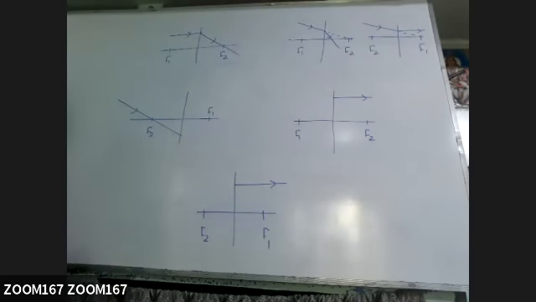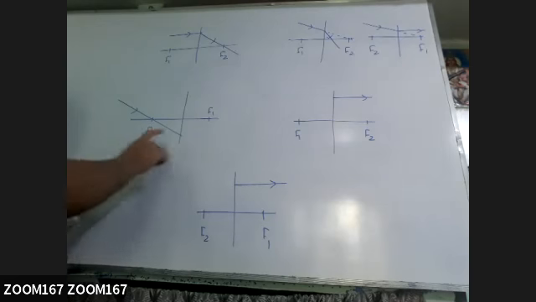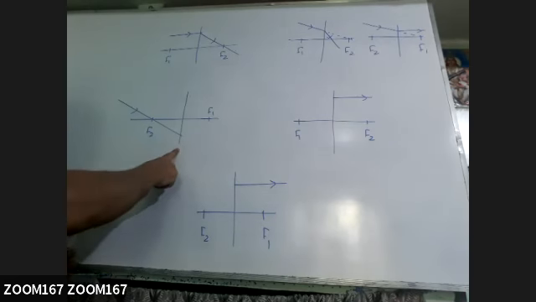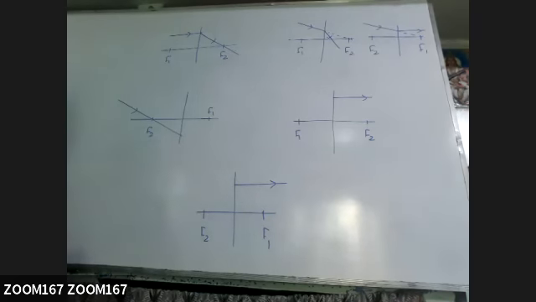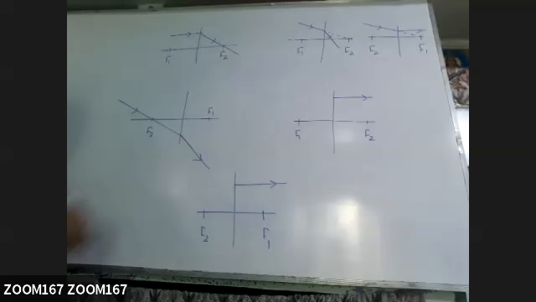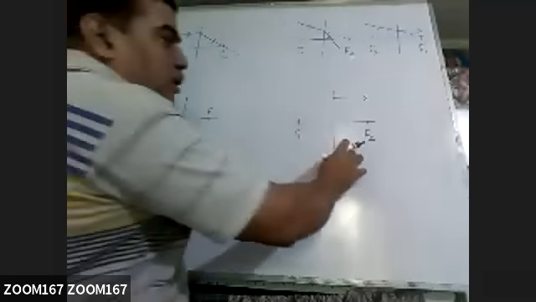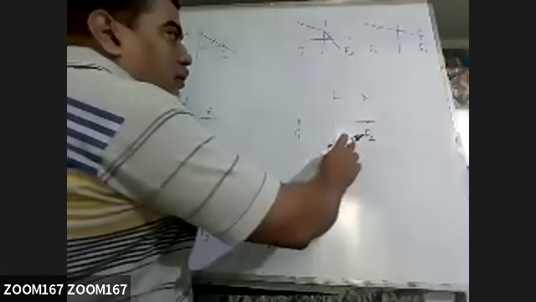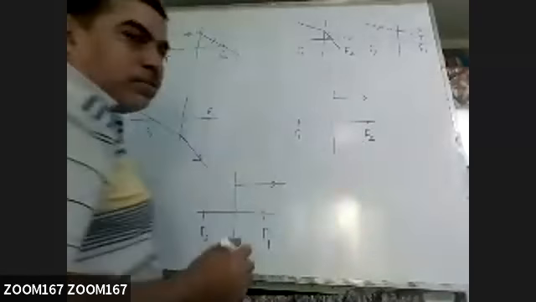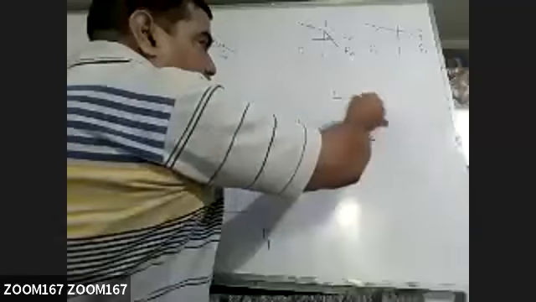This is convex or concave? Concave. It will further diverge or become parallel. This is the case of concave. So what will happen? You have to draw the incident ray. So you will join this point and this point.